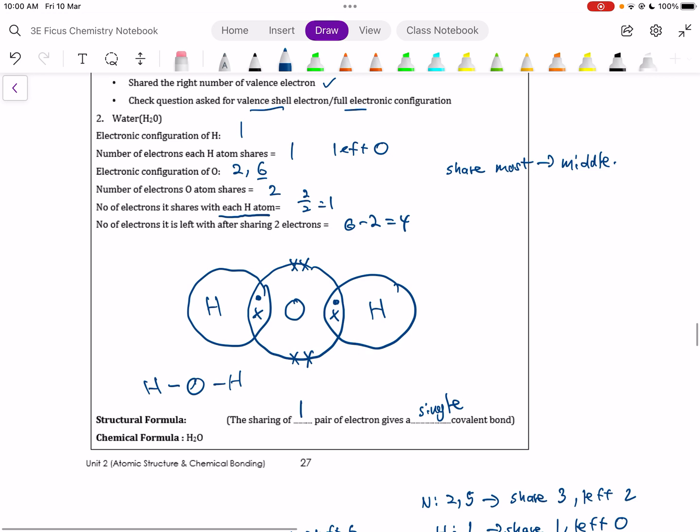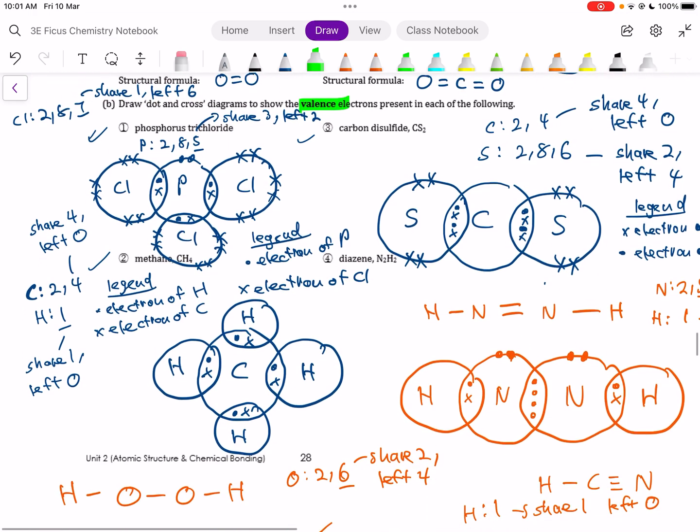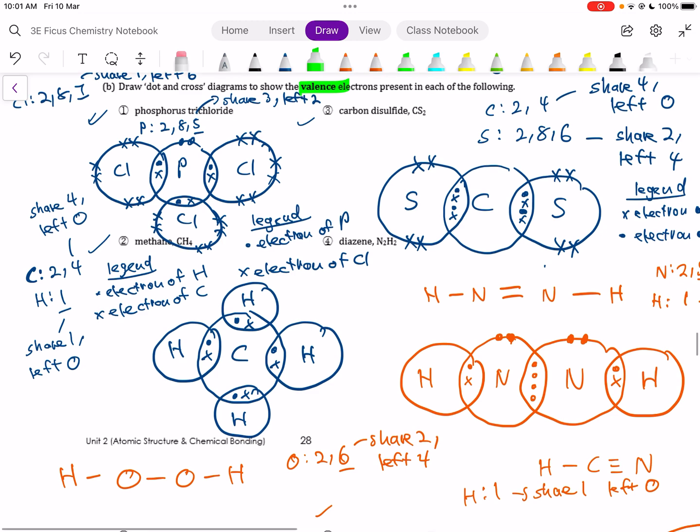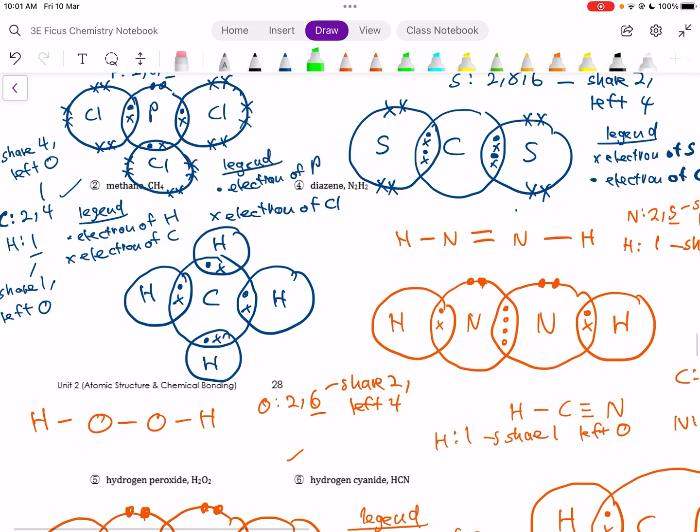But when it's 3 atoms, I think the issue that day was that you need to figure out who is in the middle. Usually the tip here is that those who share most will be in the middle. Then we came across tougher examples, like diazine N2H2, where it's not easy to see who is in the middle.